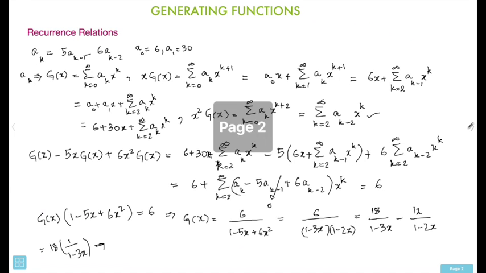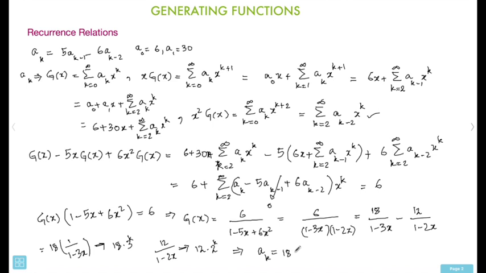So this is represented by 18 times 3 to the k. And the next guy, obviously, we have 12 over 1 minus 2x, so this is represented by 12 times 2 to the k. So this means that my a_k is equal to 18 times 3 to the k minus 12 times 2 to the k.